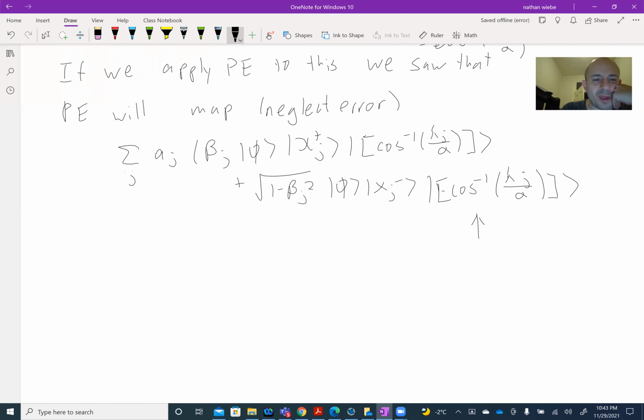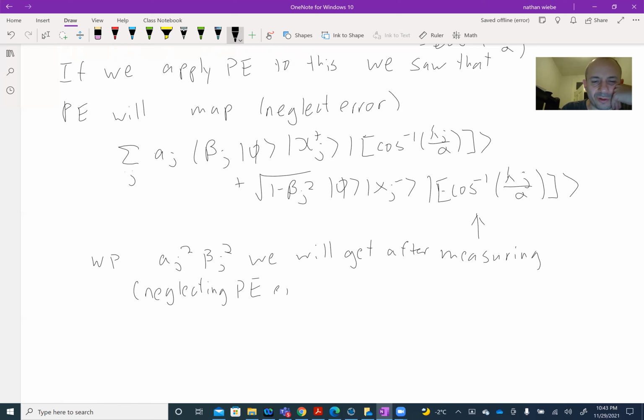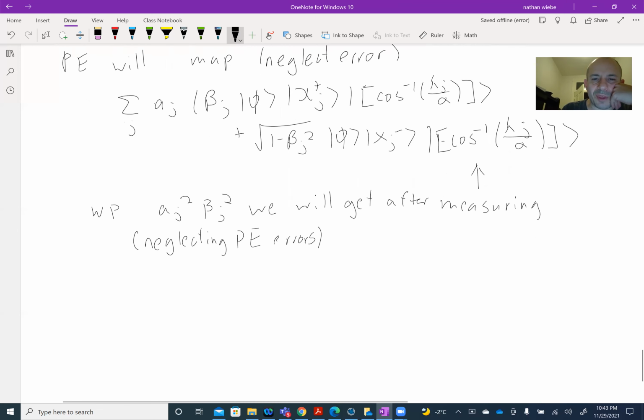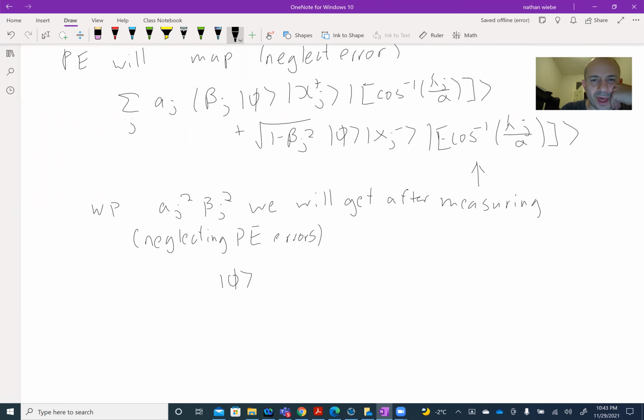By measuring, we will get, with probability a sub j squared, beta j squared, again neglecting errors in the phase estimation, the state phi chi j plus the arc cosine of lambda j over alpha.